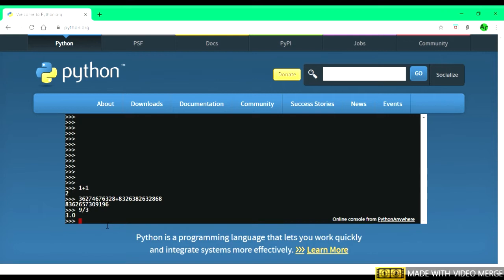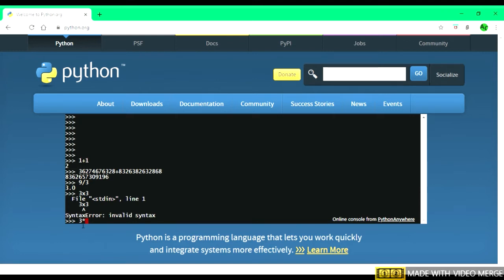I could do 3 times 3. But be careful, because you don't want to do this, or it's going to be an error. You should do the proper multiplication sign, which you can get by shift holding 8.